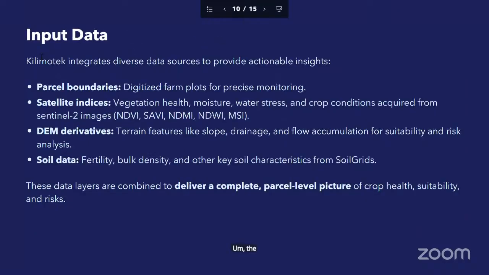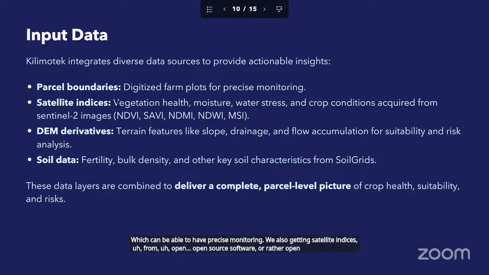The input data is that we are integrating diverse data sources. This is what enriches our system. One is parcel boundaries, which are digitized plots of the farms of these farmers, enabling precise monitoring. We are also getting satellite indices from open source Sentinel data, where we can calculate vegetation health, moisture, water stress, and things like the normalized difference vegetation index and the soil adjusted vegetation index.